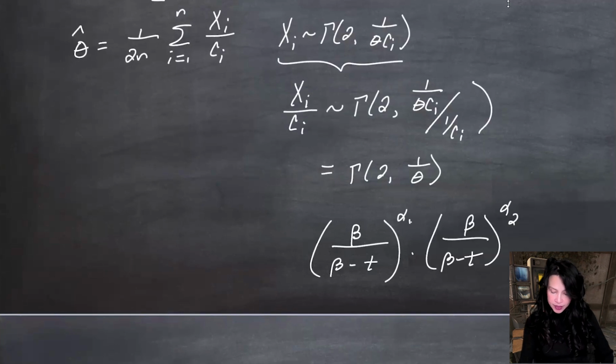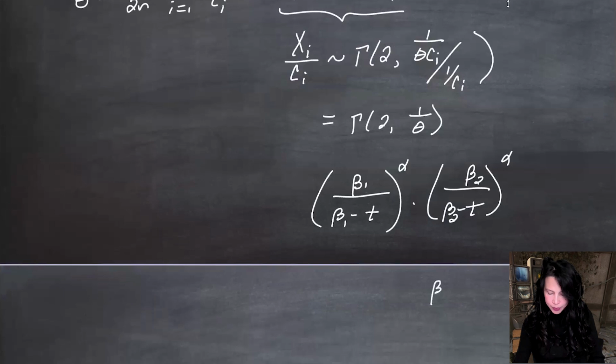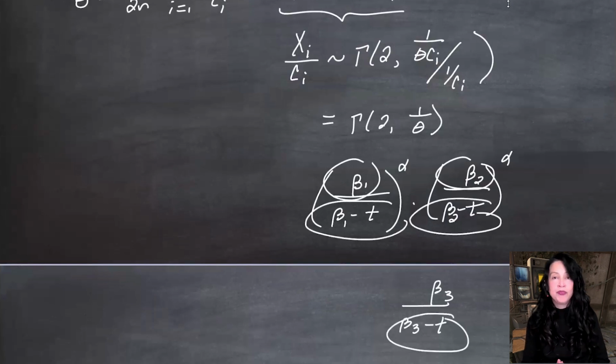But if instead the betas are different, this is not going to be able to be put into the form like beta 3 over beta 3 minus t. Yes, the beta 1 and beta 2 could be multiplied together under the same alpha exponent, but you're not going to be able to get the denominator into this form.